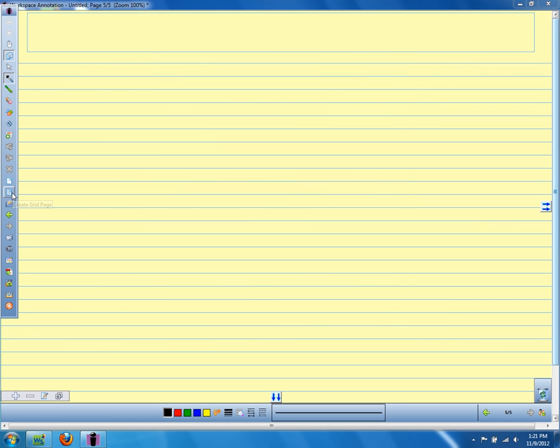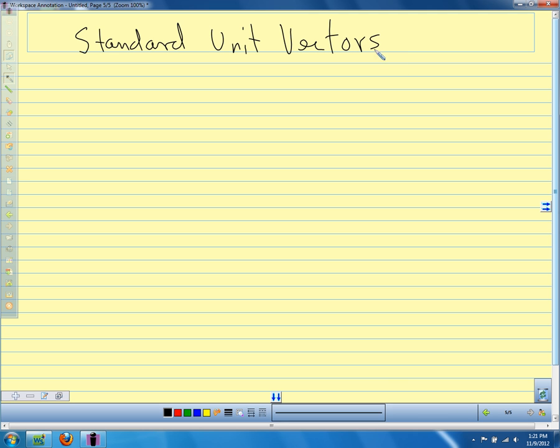With our component form, we have what we call standard unit vectors. Our standard unit vectors are i, and we put a little hat over it to tell us it's our standard unit vector. And we can call it i hat.